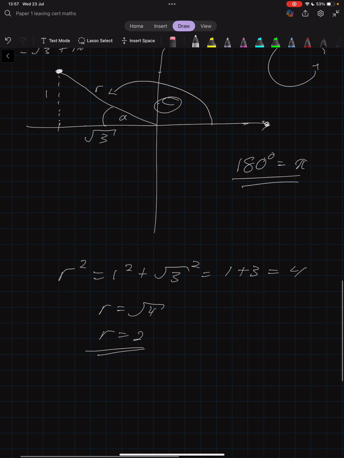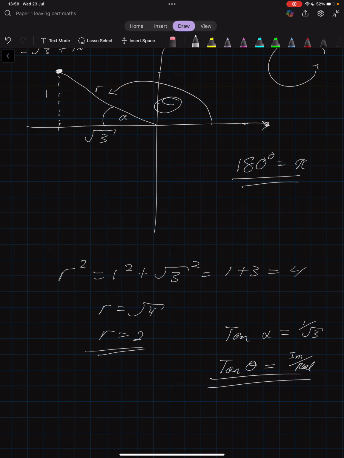The next thing I need to do is figure out the angle. I can say the tan of alpha is the opposite over the adjacent, which in this case is 1 over root 3. Now, if you wanted to, you could also say that the tan of theta is equal to the imaginary over the real.